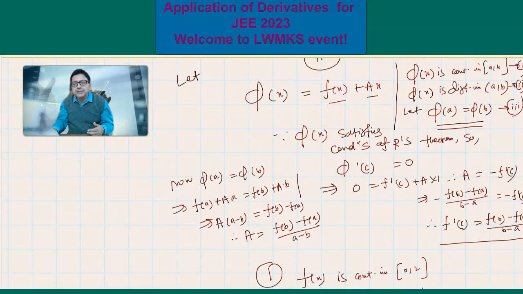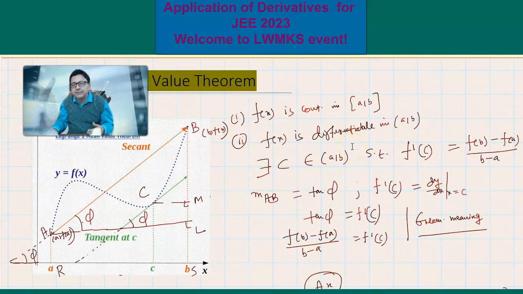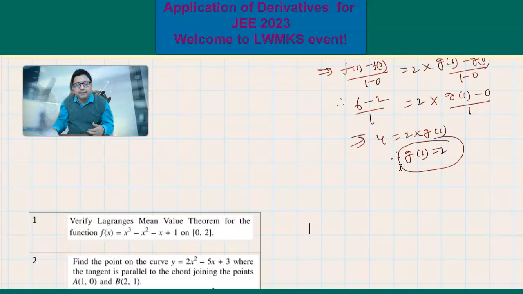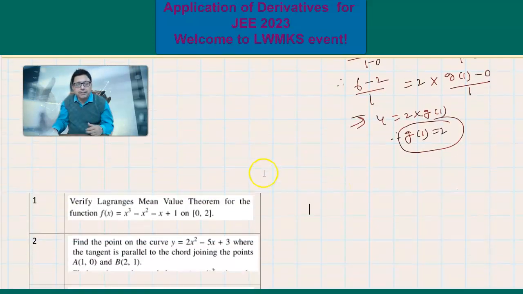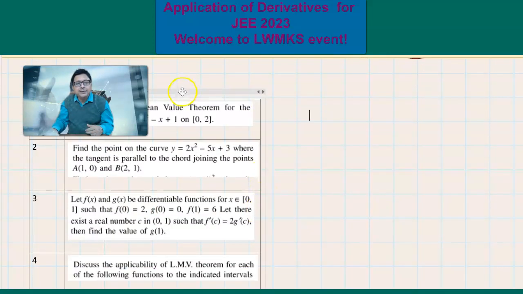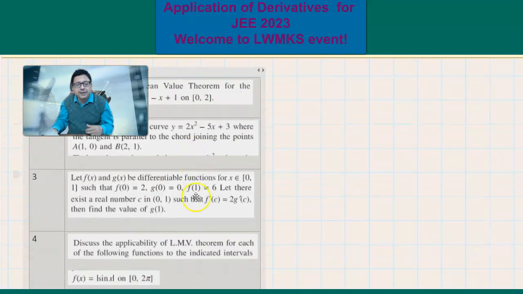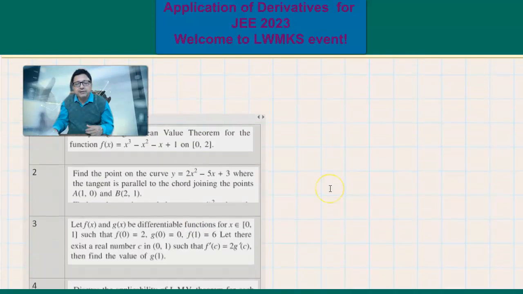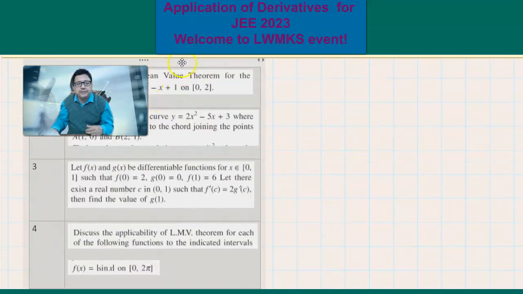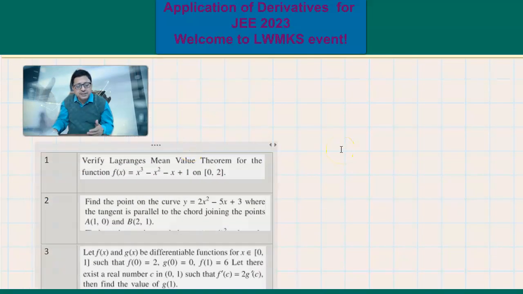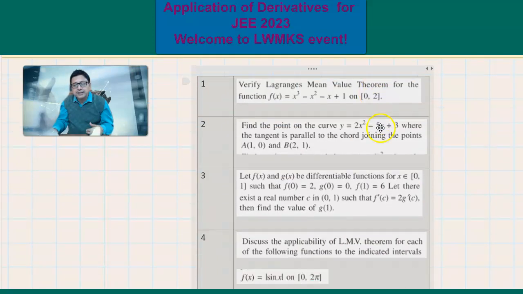If it is continuous in an interval and differentiable in that open interval, then there is a point where f dash c will be fb minus fa by b minus a. We are able to find the point that I have shown you. But when you are checking applicability, you need to check the continuity and differentiability of the function first. If it is continuous and differentiable, you can definitely apply the condition of Lagrange's mean value theorem.